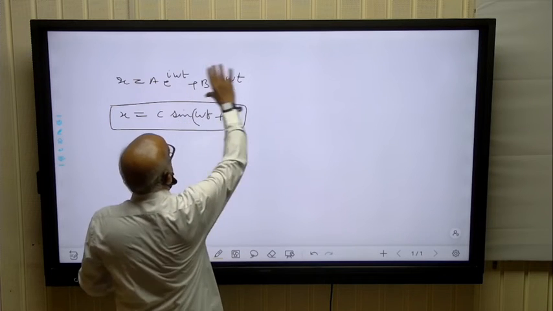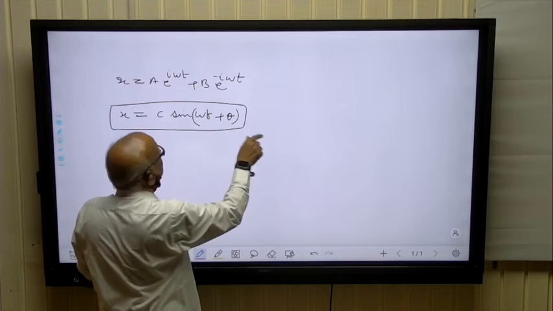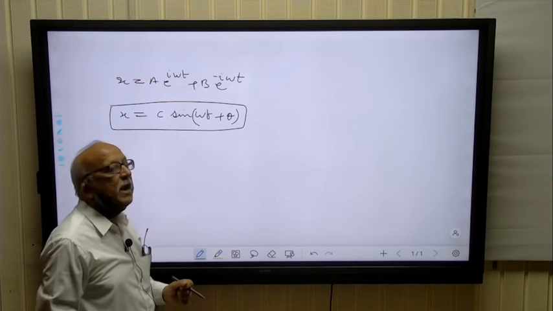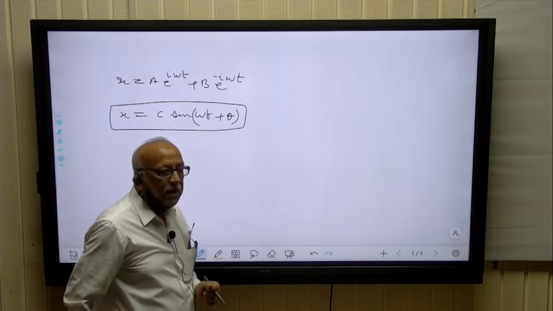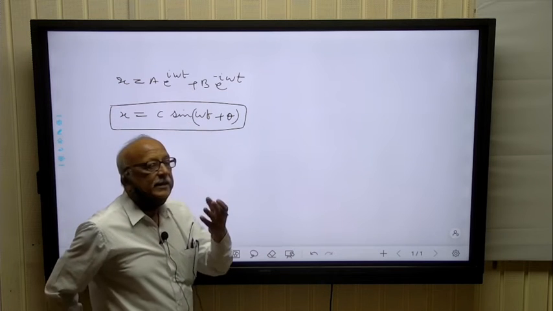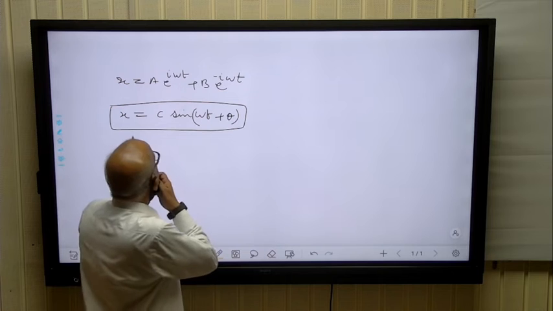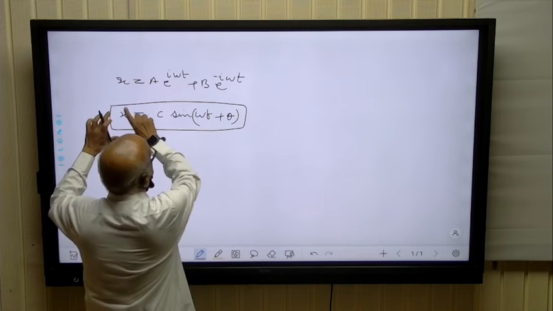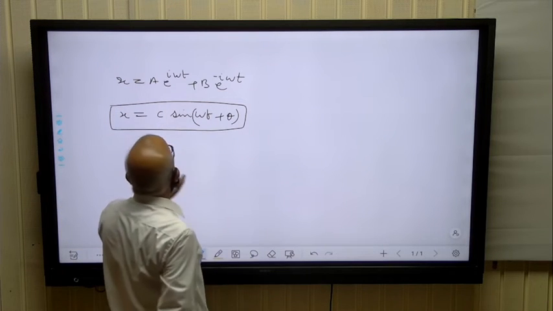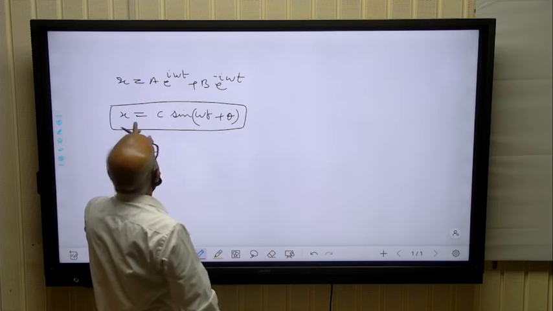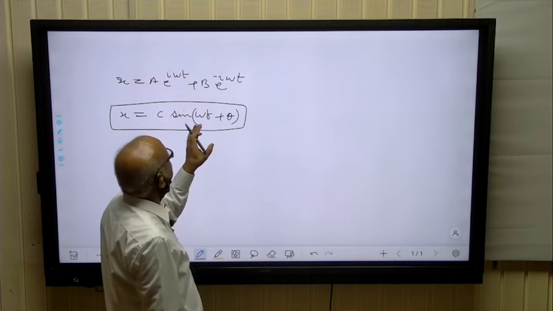After solving mathematically, we get this expression. If anyone of you wants to know how we get it, he or she can discuss separately. So, we have to always remember this expression.